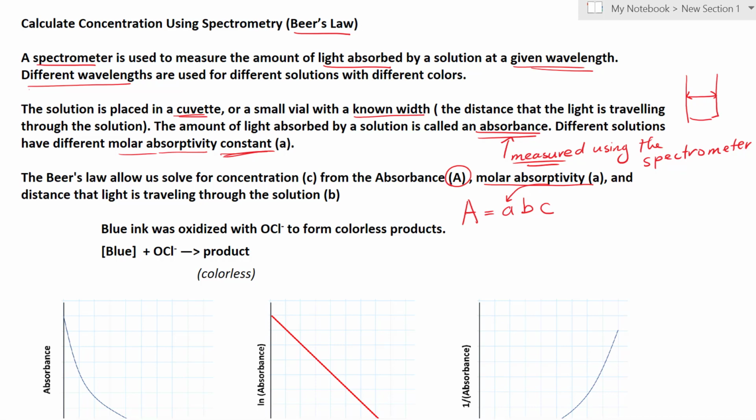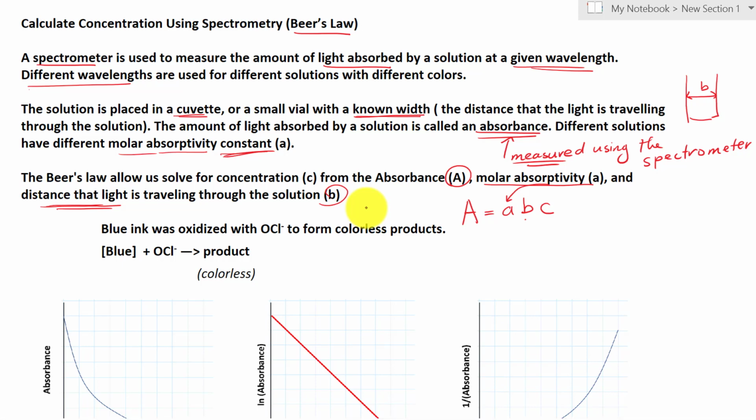Then we have b. b is the distance that light is traveling through the solution. Remember, I drew this right here. That's why it is important to have a known width of the cuvette, or the small vial where we put our solution in. So this distance is given to us, and usually it's the same because we're using the same spectrometer.